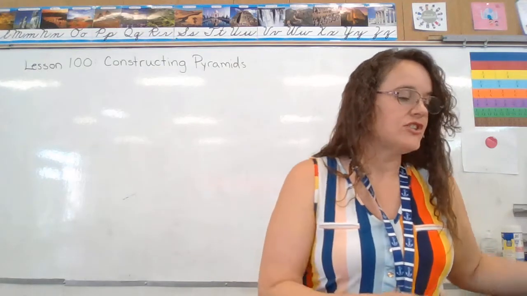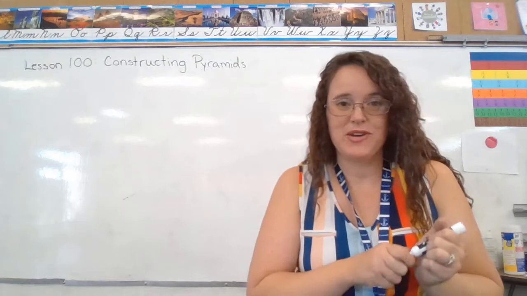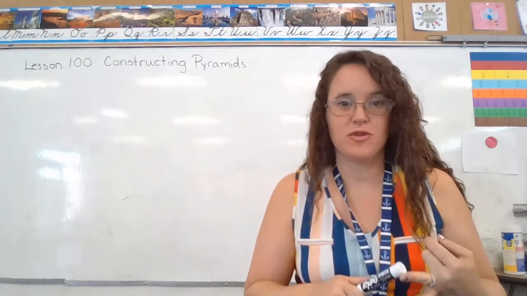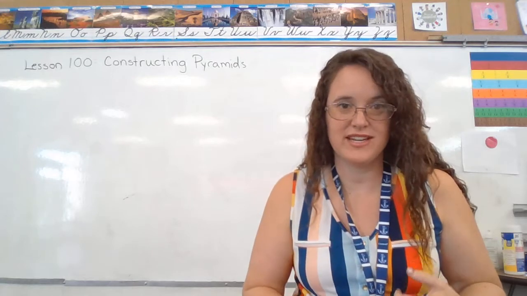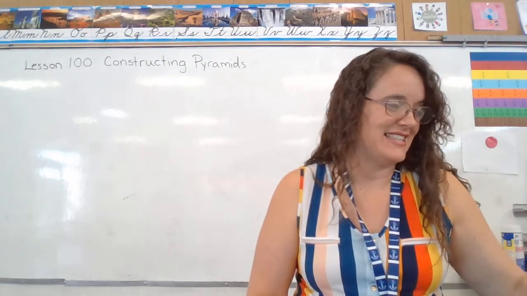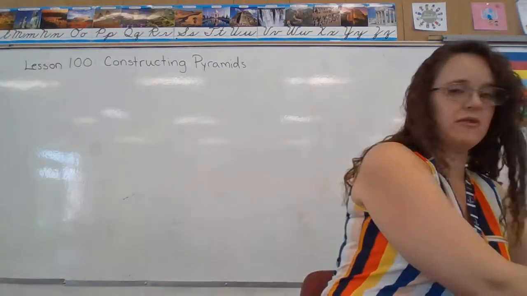All right. So in our last lesson, you guys created prisms. You created rectangular prisms, you created a cube, and you created two triangular prisms. In this lesson, we are going to be doing the same thing with pyramids.